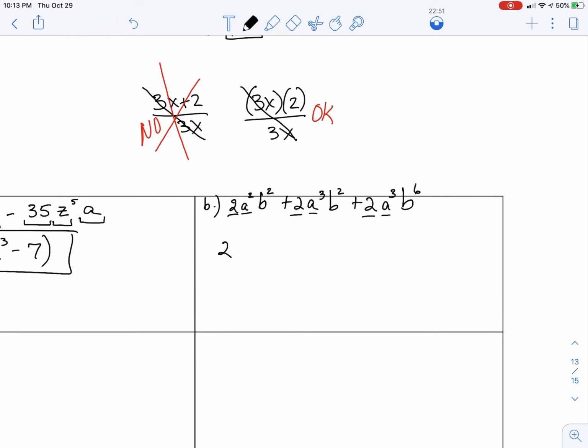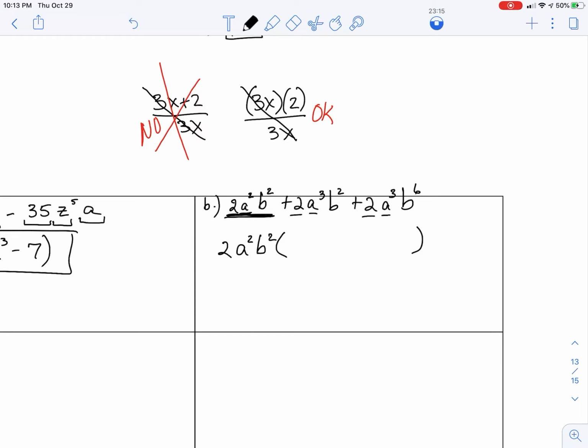What do they have at least? It's always going to be the one that's the lowest number because they all have at least 2 a's. You can't put a to the 3rd because our first term over here is 2a to the 2nd. And as far as our b's, they all have at least 2 b's. So let's put back in parentheses what we need to come back to the original problem.